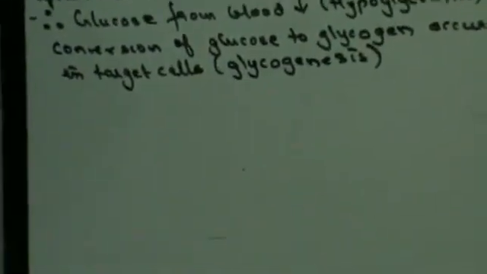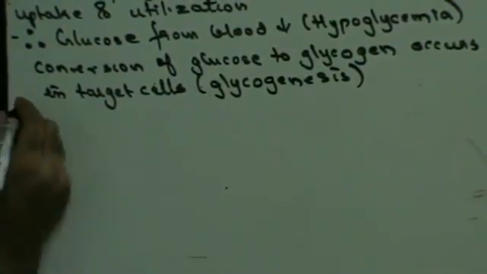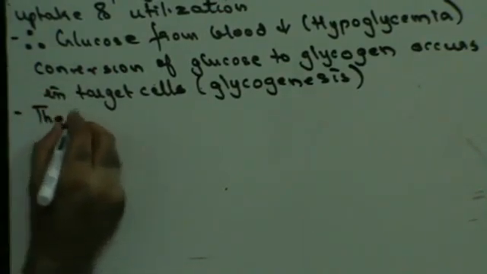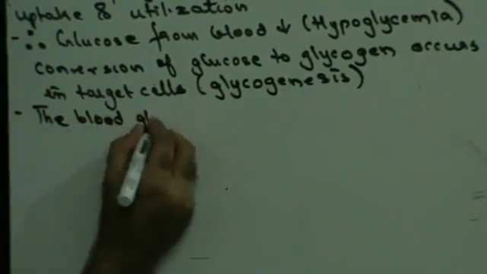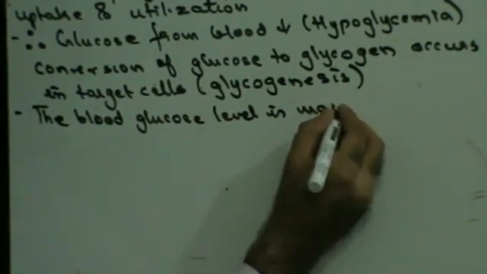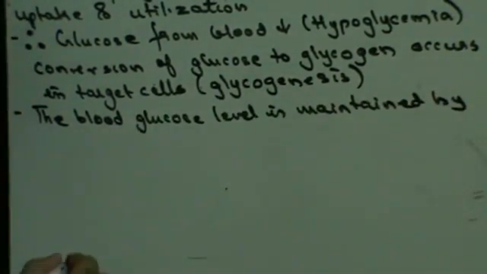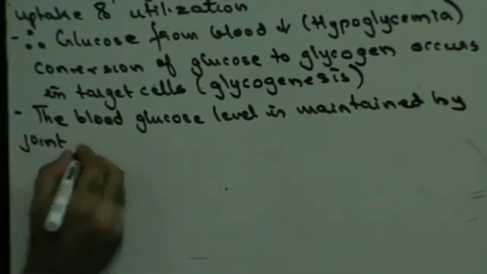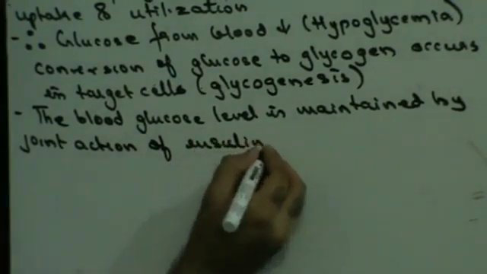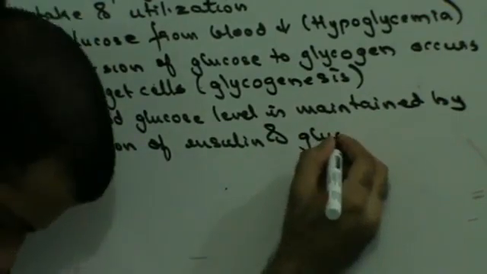Now the blood glucose level is thus maintained by the joint action of insulin and glucagon.